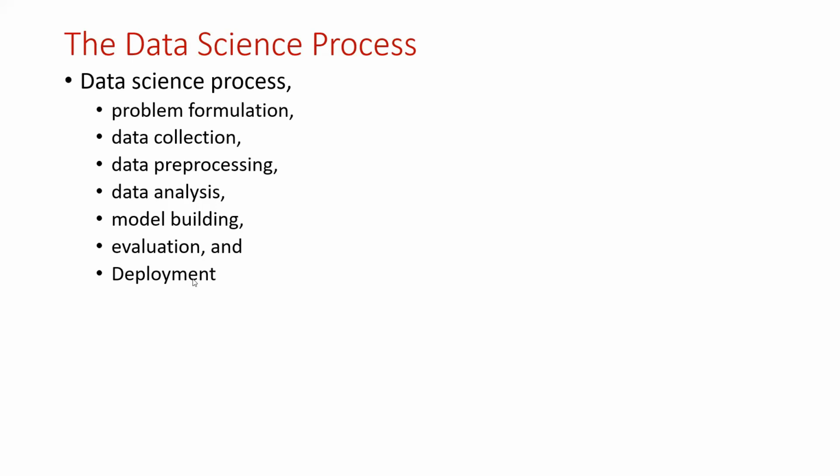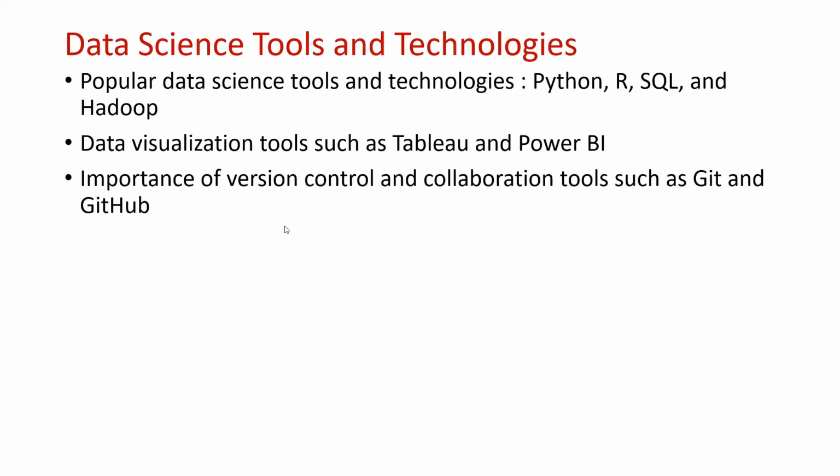Deploy means put it in workable condition so it is in use. Any data science project, or even a machine learning project, works on similar lines. Our data science project is similar to a machine learning project and very similar to a BI project also. They all have almost similar processes, with some minor deviations.